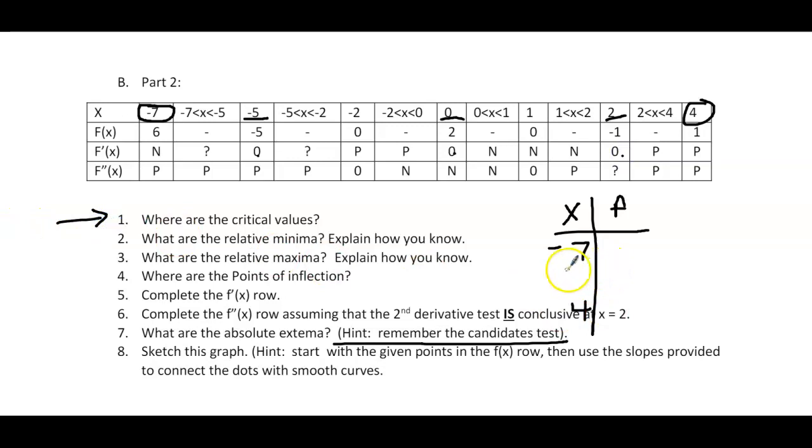We found our critical values were -5, 0, and 1. And then we just have to find the y values for these points. So the y value for -7 is 6. The y value for -5 is -5. The y value for 0 is 2. The y value for 1 is 0. The y value for 4 is 1. And the biggest number is our absolute max. And our lowest number is our absolute min.